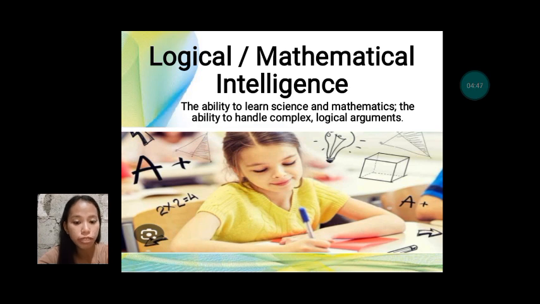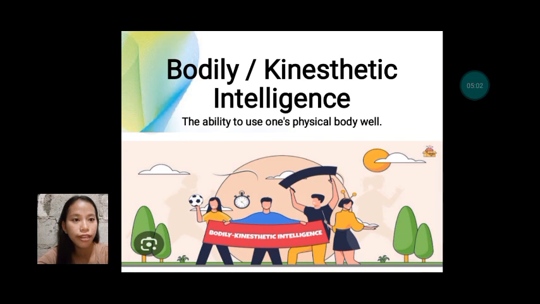People who have logical mathematical intelligence can have excellent problem solving. An example of an occupation is a mathematician or an engineer.